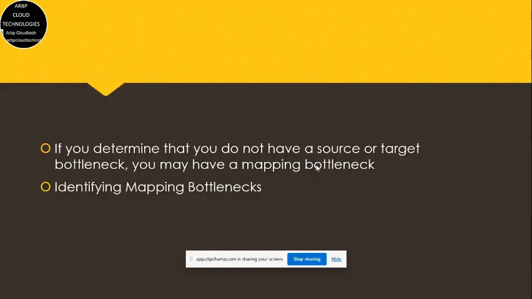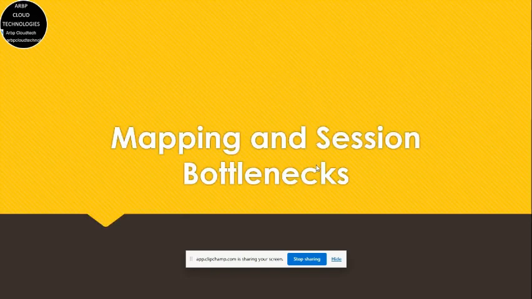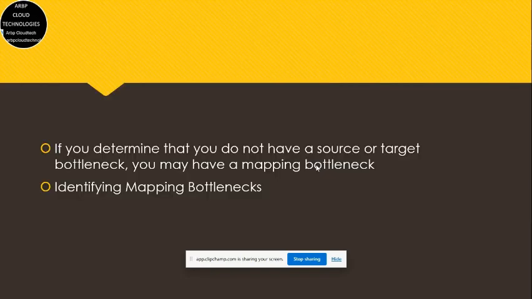Okay. So here in the mapping bottleneck, what is the mapping bottleneck? How do we identify the mapping bottleneck? I will explain. Suppose you don't have a source or target bottleneck, because everything is step by step.